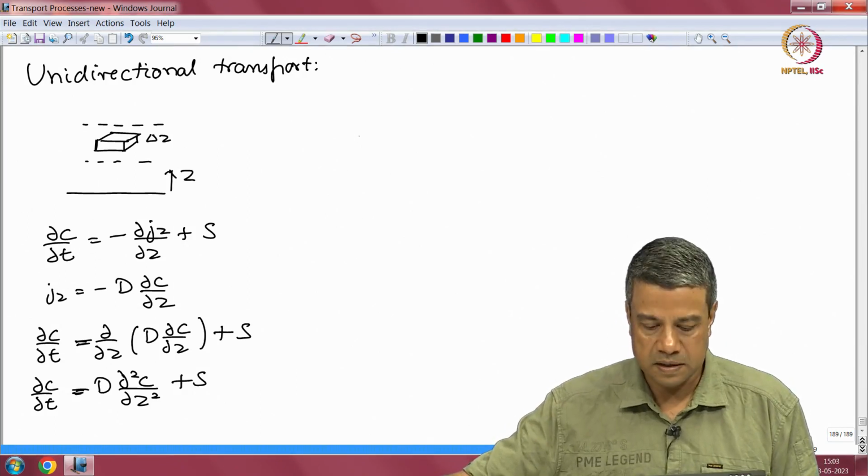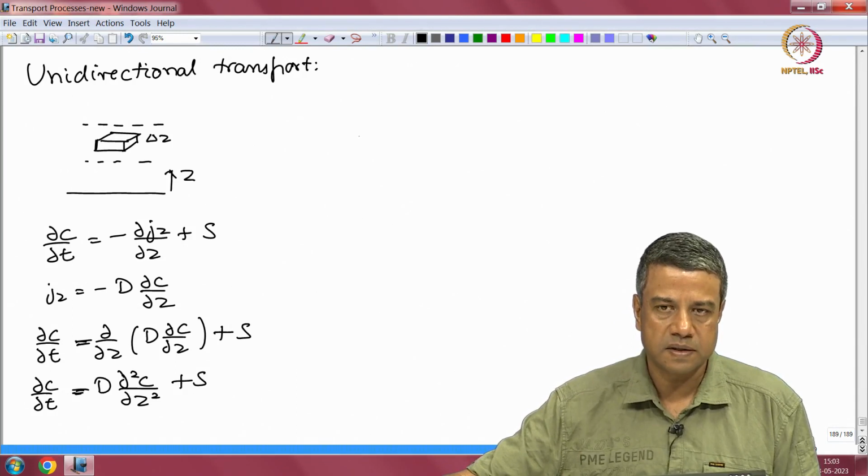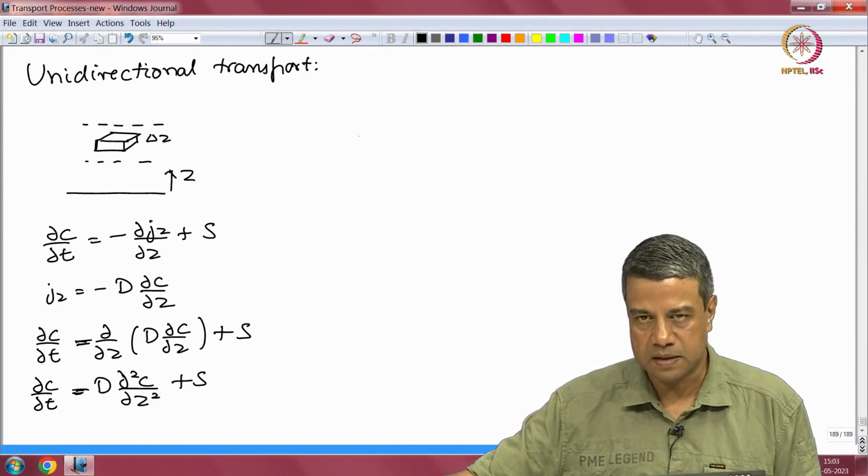So, in this particular case, the surface area of opposing surfaces was the same, because all of them were planes.